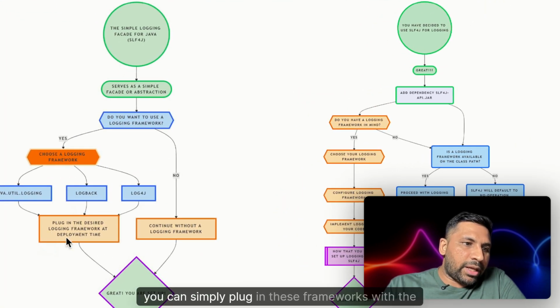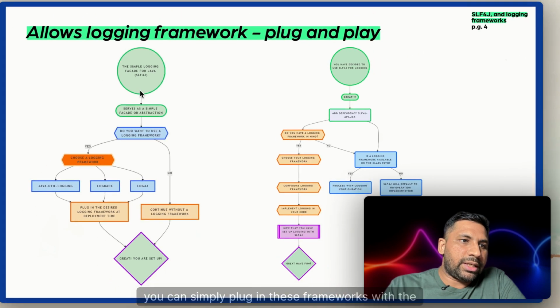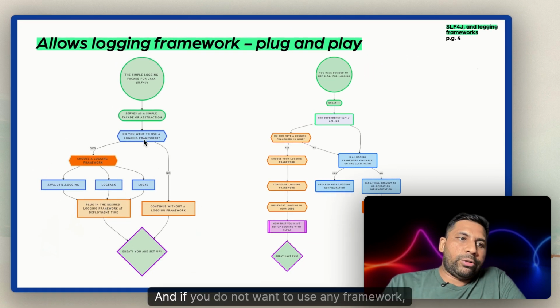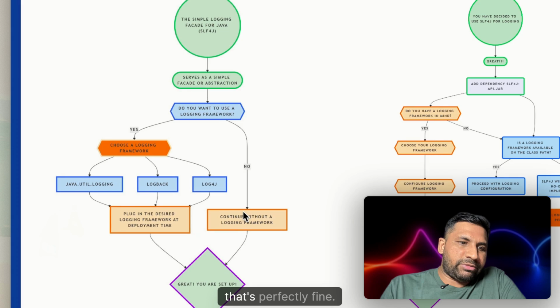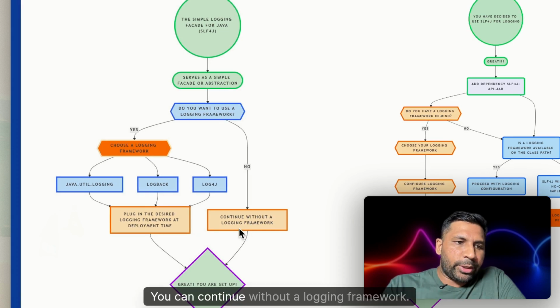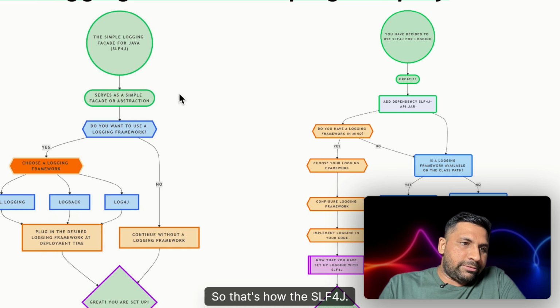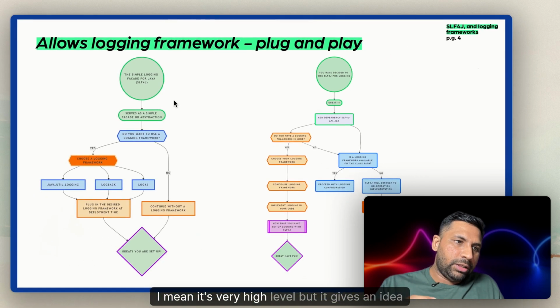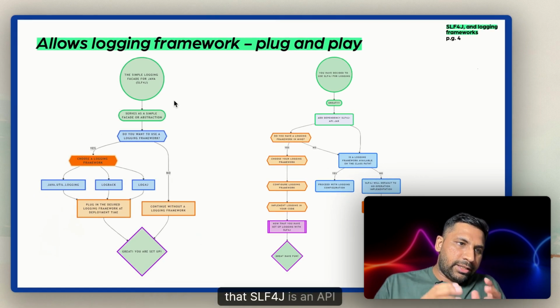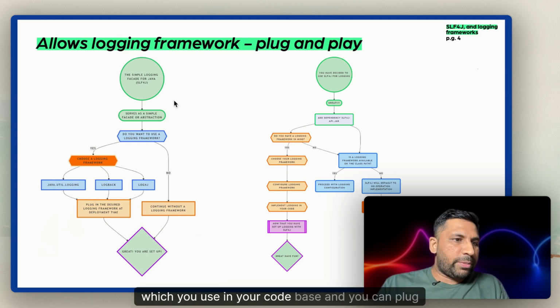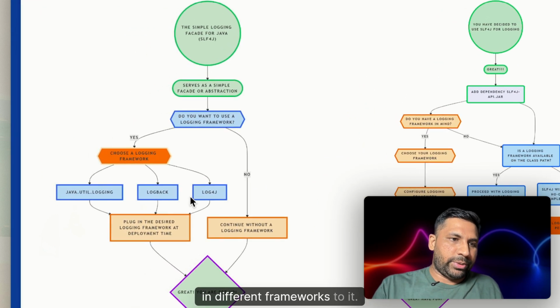You can plug in these frameworks with SLF4J. And if you do not want to use any framework, that's perfectly fine. You can continue without a logging framework. It's very high level, but it gives an idea that SLF4J is an API which you use in your code base, and you can plug in different frameworks to it.